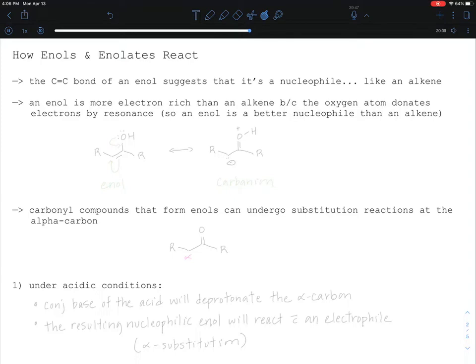So we can draw this out. So we'll just take our generic enol. How does it react? Well, what if we took these electrons and put them here?